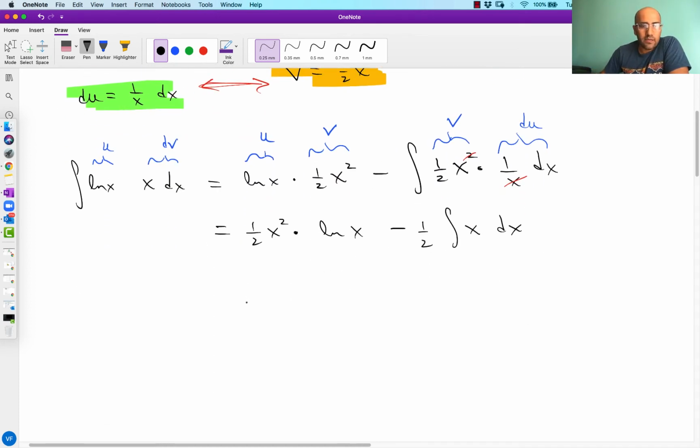So this is going to be equal to 1/2 x squared times ln x minus 1/2, and the integral of x is just going to be equal to 1/2 x squared. So we multiply those two together, and we end up with 1/2 x squared ln x minus 1/4 x squared.